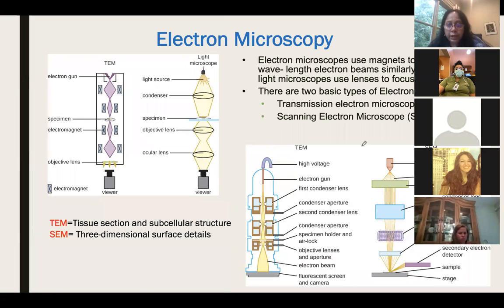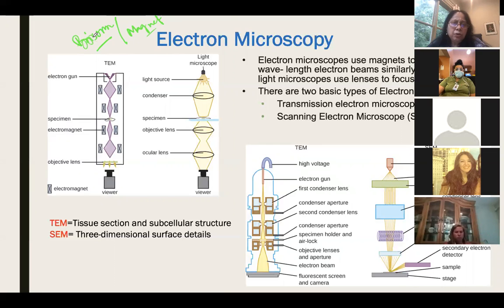Electron microscopy, we don't use light. Instead of light, we use a beam of electrons. We don't have any lens. Instead of a lens, we have a mirror or prism, so we can reflect the beam. Or most of the time we have a magnet.